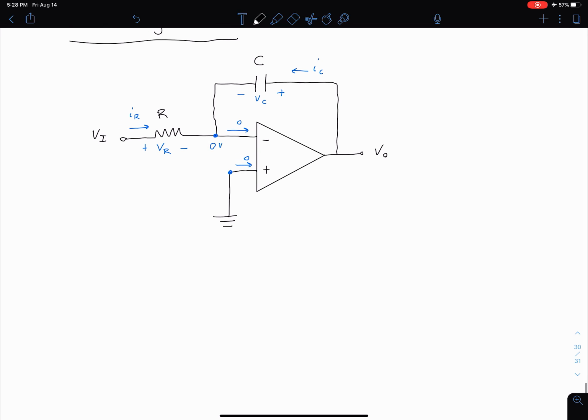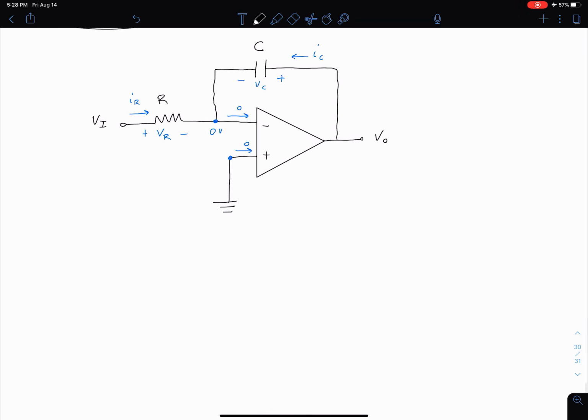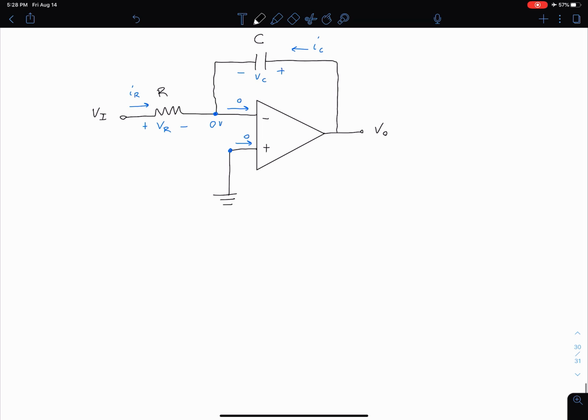Okay, the basic approach is going to be the same as what we did for our simple cases where we only had resistors. We're going to start with Kirchhoff's current law, KCL, and say we have IR going into that node, and we have IC also coming into that node, so plus IC, and then we have nothing leaving.